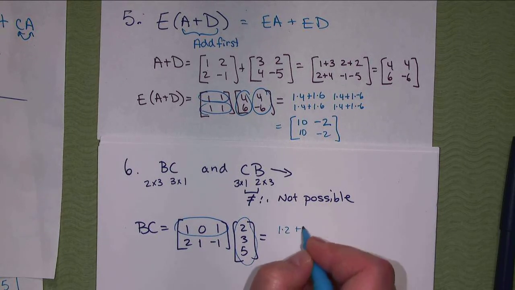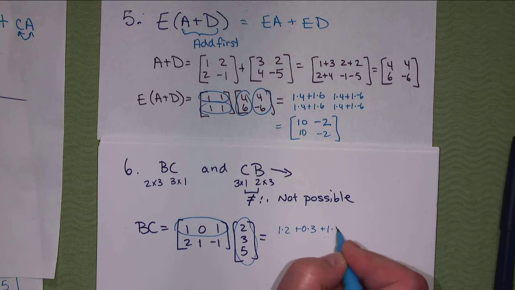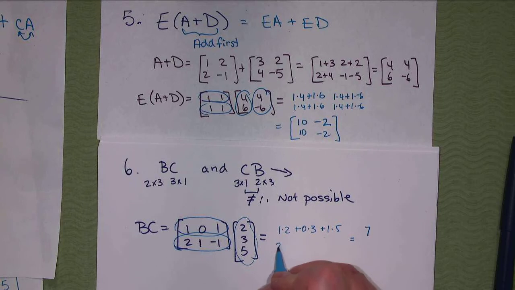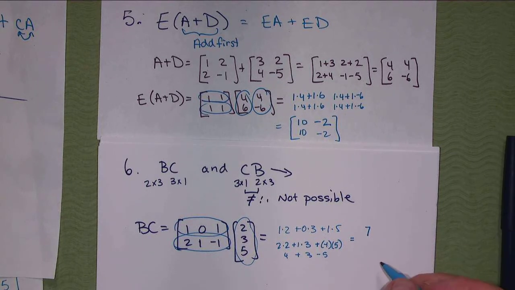So 3 numbers, which will give me 2 plus 0 plus 5, 7. Second row, 2 times 2 plus 1 times 3 plus a minus 1 times 5. 4 plus 3 minus 5 is 2. And this is a 2 by 3 and a 3 by 1, so the answer should be a 2 by 1, and it is. So just to double check that you put your numbers in the right order.